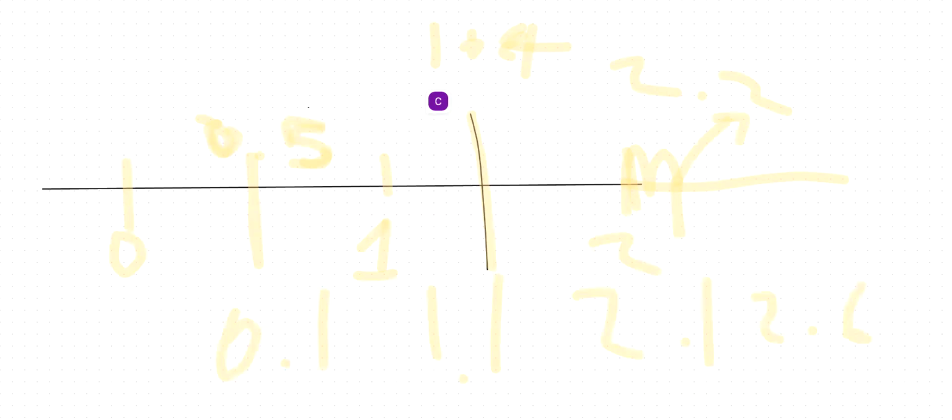So 0.1 goes directly here. 1.1 is at the beginning of 1, which is right here. And then 2.1 is at the beginning of 2, which is here. And then 2.6 is after the half line, so it's going to be here.